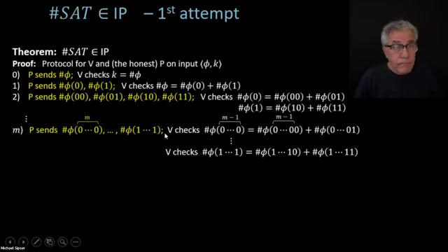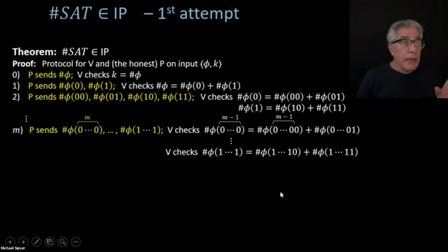And the verifier now checks that the previous round was correct. So that's where we set only the first m-1, the very last variable hadn't yet been set. So it checks all of those 2 to the m-1 possible settings in terms of the new settings that it got, where we set those m-1 variables, but we extended it by 0 and by 1. And this is that same identity that we used from before.